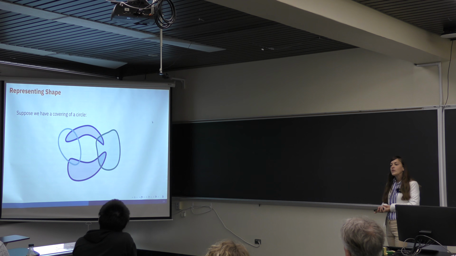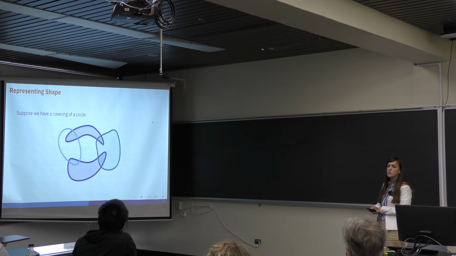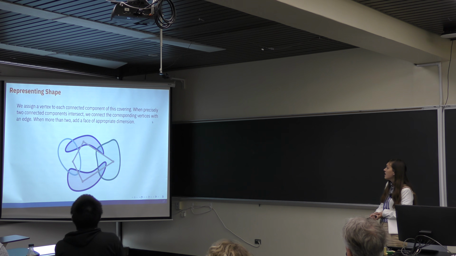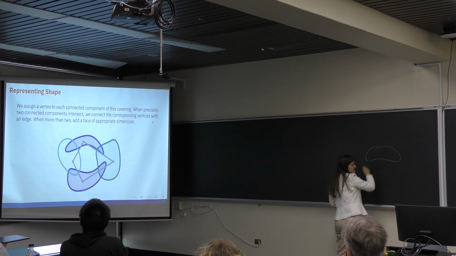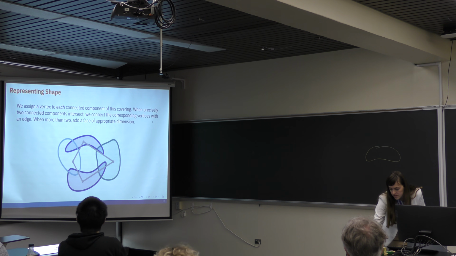And I'm just going to give you a very basic idea of how it works. So we start with a covering. Over here we have 3 sets in the covering: the turquoise set, and then 2 blue, dark blue and light blue. Maybe now is the time that I would use chalk a little bit.